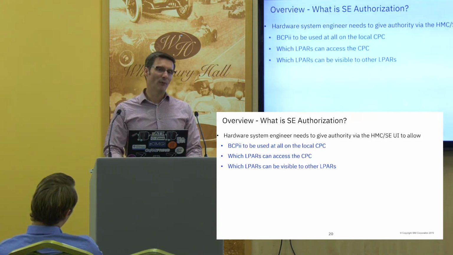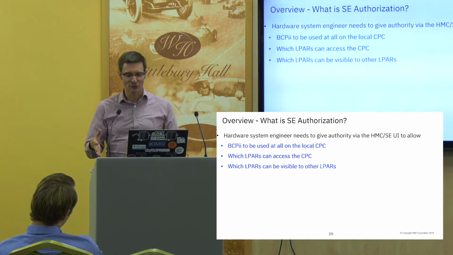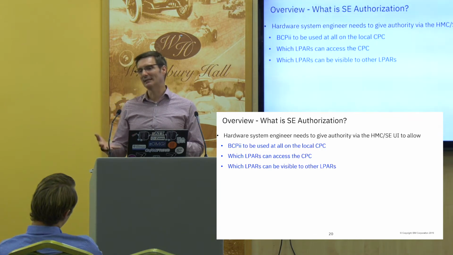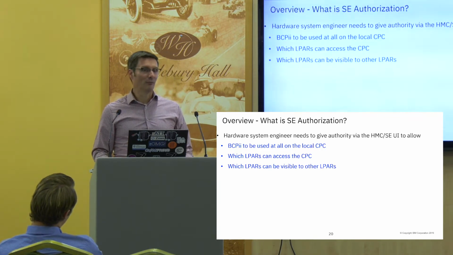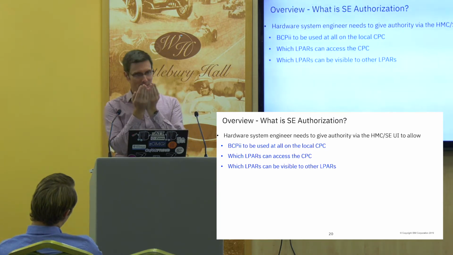I might not want anyone to be able to do certain activities, like turn off the CPC, or even query the serial number or what levels of microcode. I might want to limit that just to the guy who's maintaining the CPC, but I might allow more people access to an individual LPAR. So let's say I have company A and company B, and they're all using the same machine.